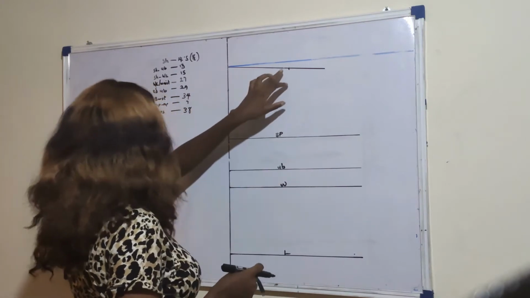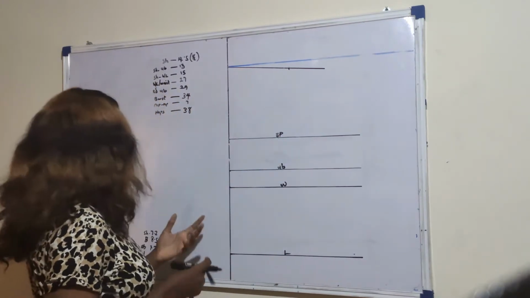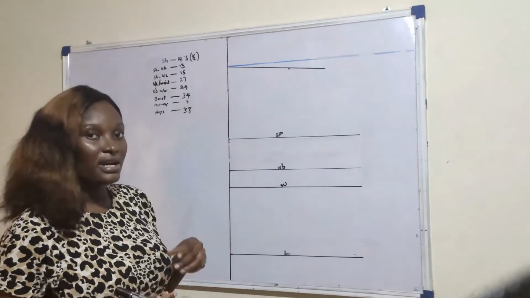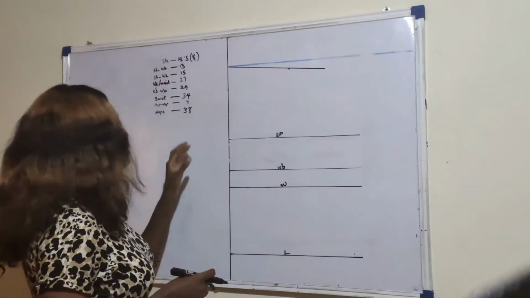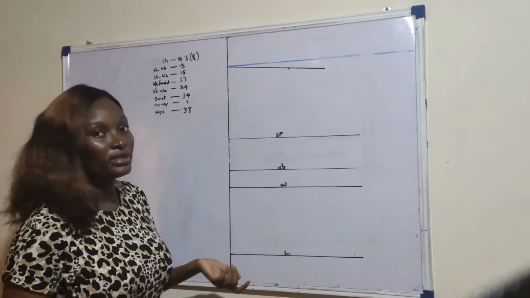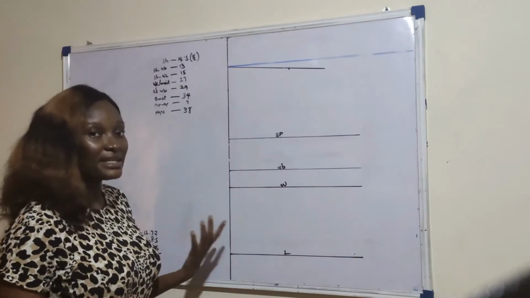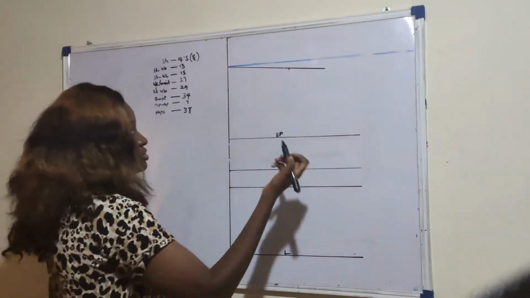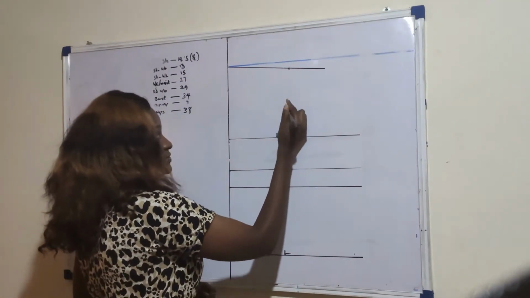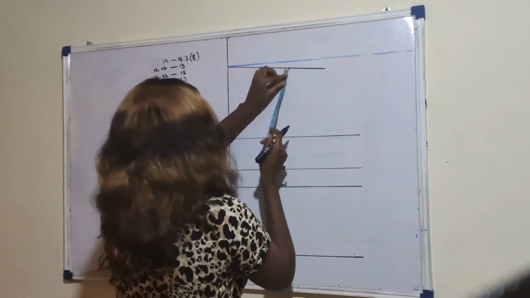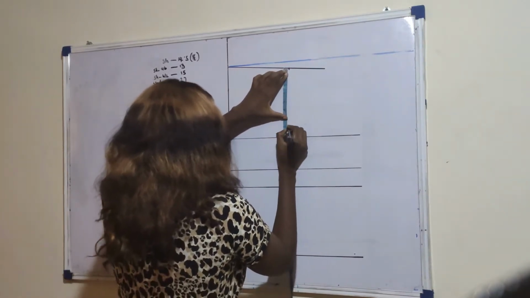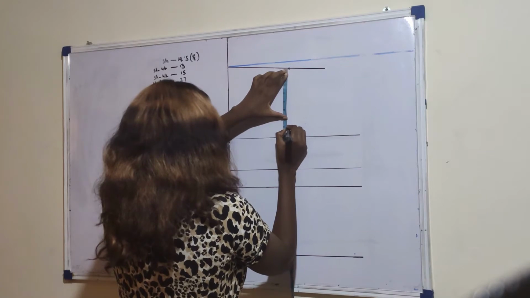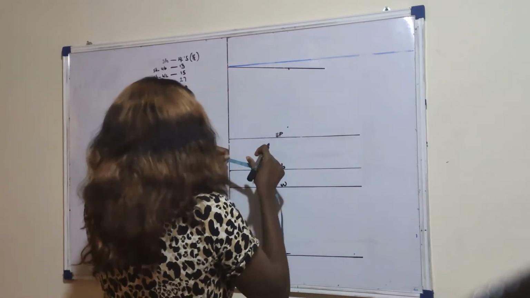To get the armhole, you can do it either way. For a bust of 34, because it's a petite size, I always use 7 inches for the depth. This is 7 inches.